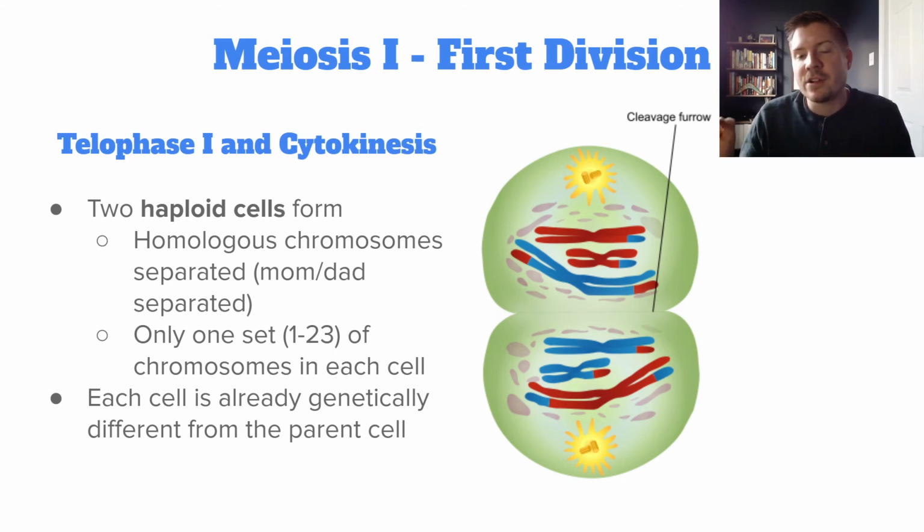One thing to keep in mind here is after meiosis 1, these cells are already haploid. A lot of times people think, well, you copy your DNA, so you have twice as much, then you divide, so you're at the normal number, and they think diploid, and then they divide again, haploid.